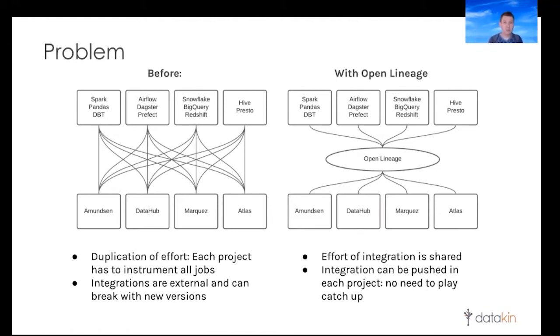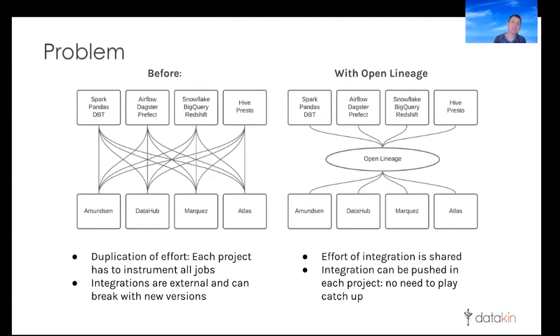It could be if you're working in a Spark or Pandas ecosystem, or it could be in the scheduler like Airflow, or in a data warehouse like Snowflake, BigQuery, and Redshift, or more SQL and Hadoop type things like Hive and Presto. So all those things inherently contain lineage, like you're reading from this dataset and writing to this dataset, but it's not exposed in a standard way. And so all those projects need to extract this information. There's lots of duplication of effort.